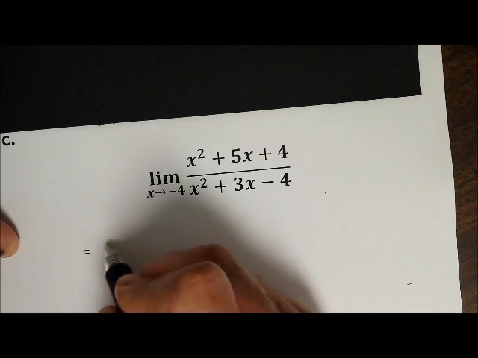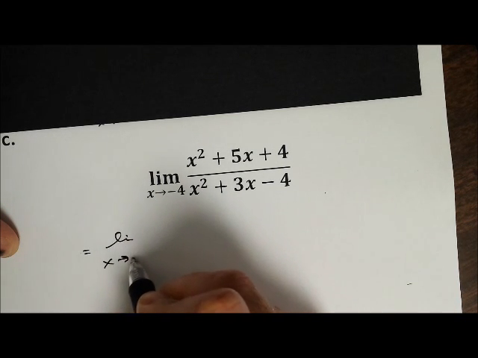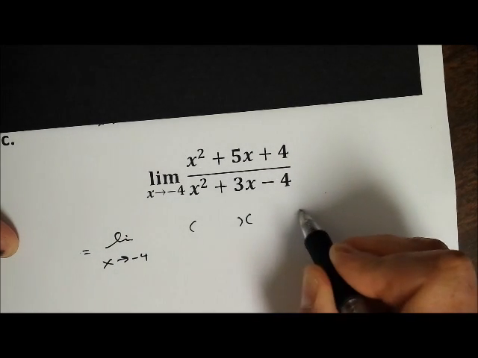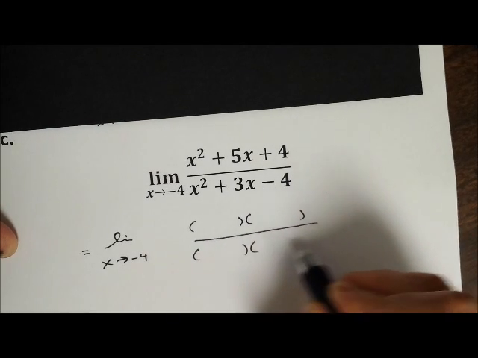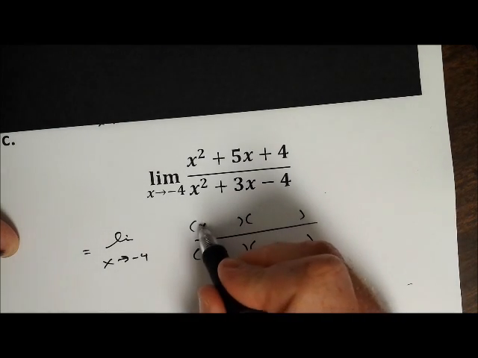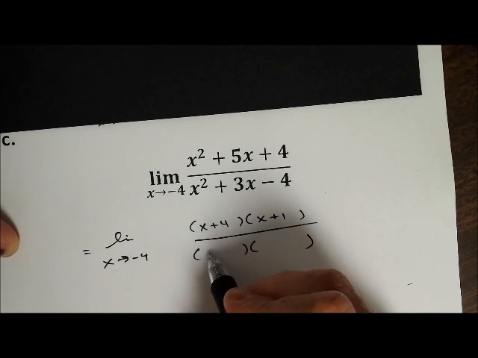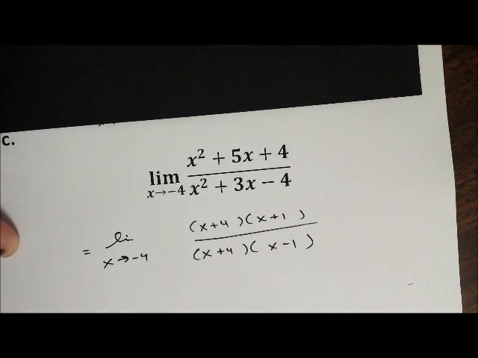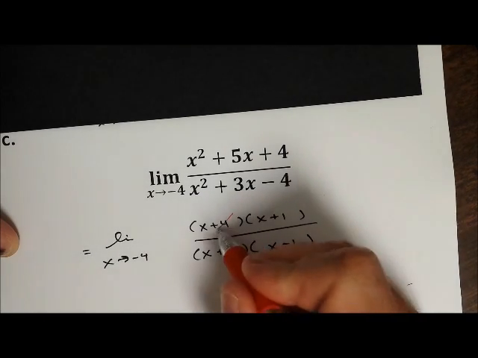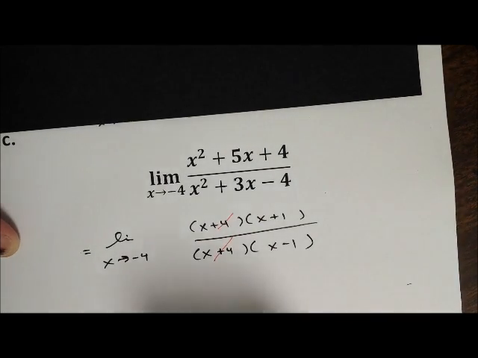So let's take a minute to do that. And we're looking at x plus 4 and x plus 1, and down below factoring x plus 4 and x minus 1. So our quantities will cancel.